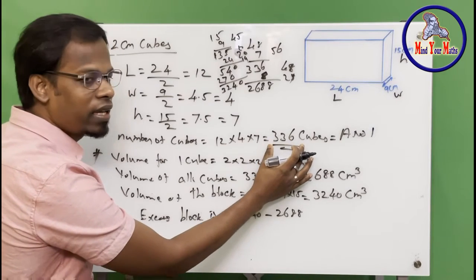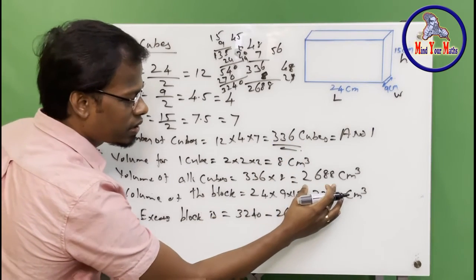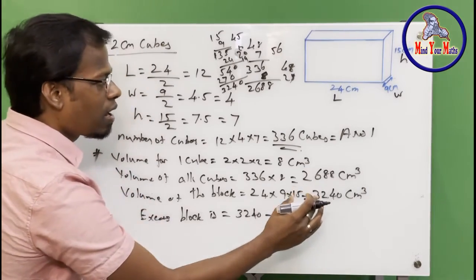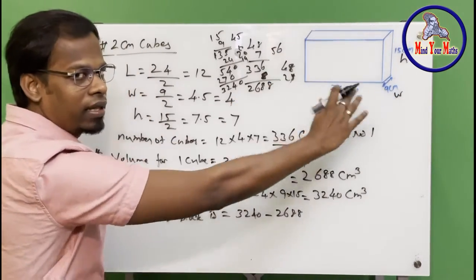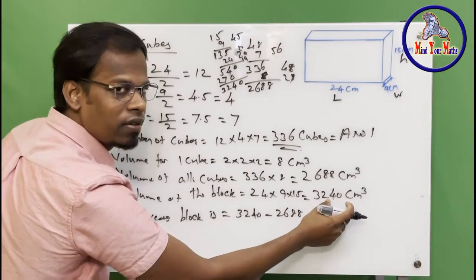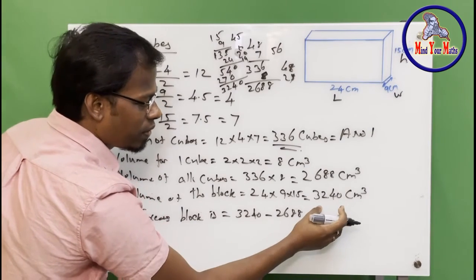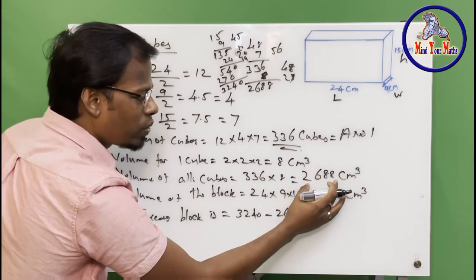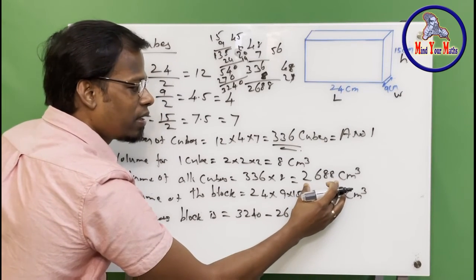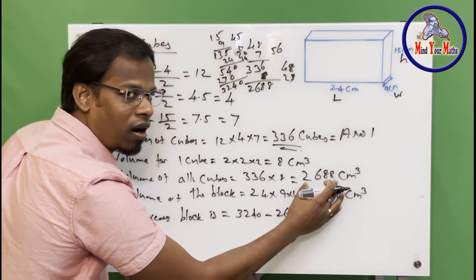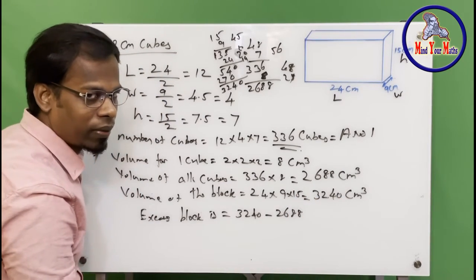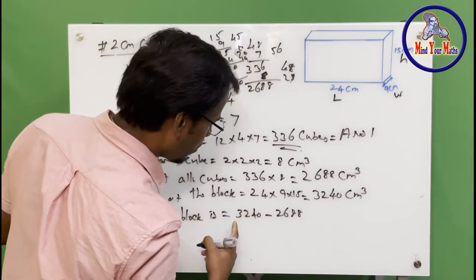The volume of 336 cubes is 2688 cubic centimeters. The whole block's volume is 3240 cubic centimeters, and we are cutting off this much from it. So if you subtract the volume that you are cutting off from the whole volume, you will have the excess volume.